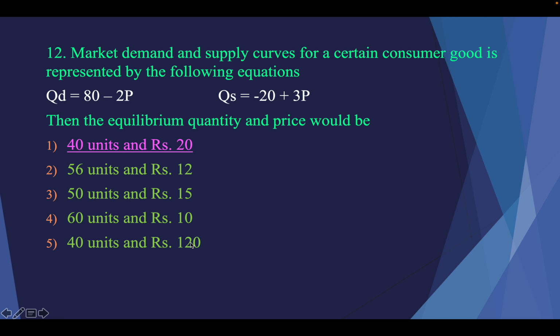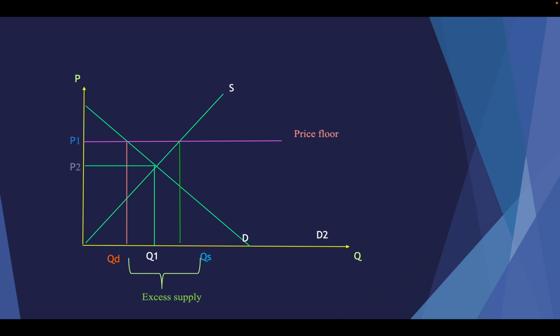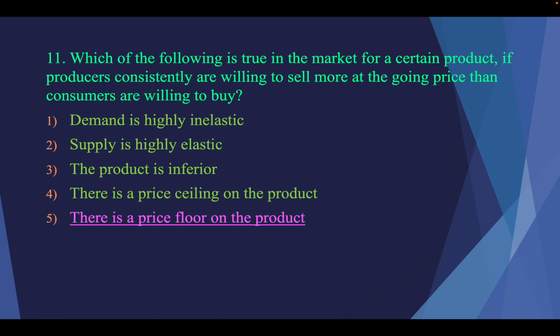Okay, remember these things when you have the questions. They ask you to find out price floors and also price ceilings and excess demand, excess supply. The only thing you have to do is know where the price floor or price ceiling is located, that means above the equilibrium price or below the equilibrium price.